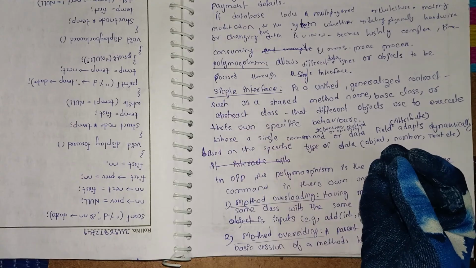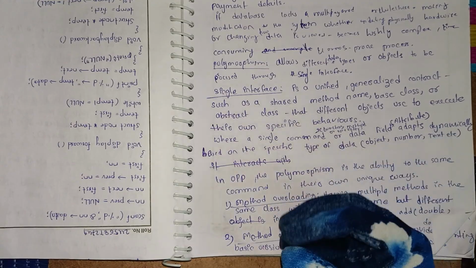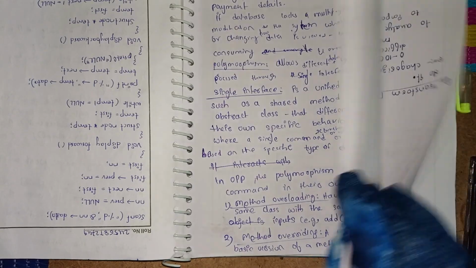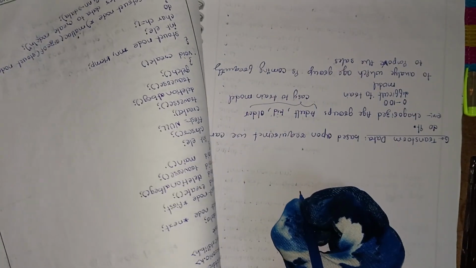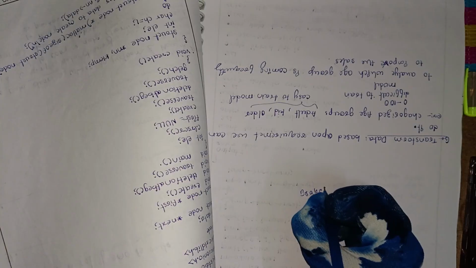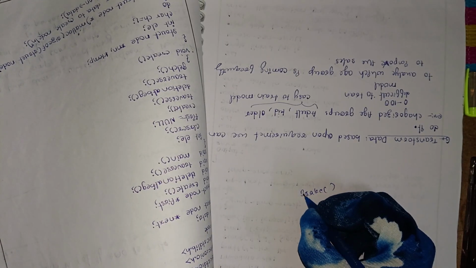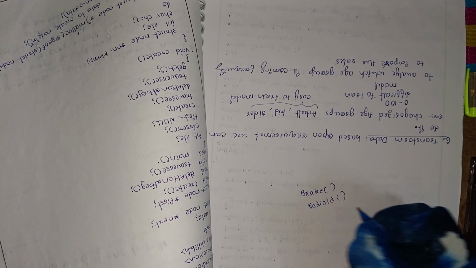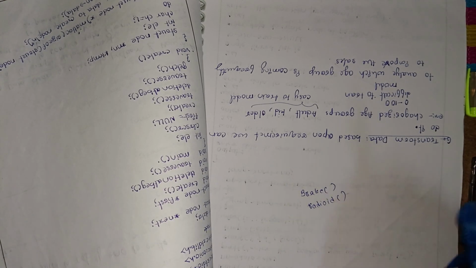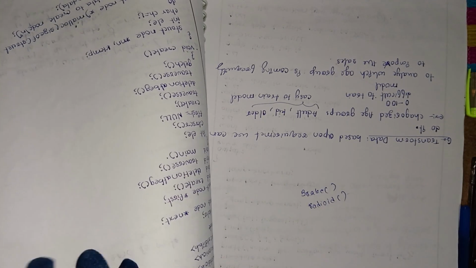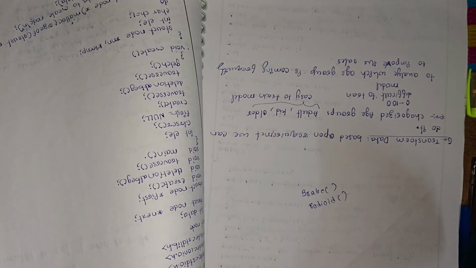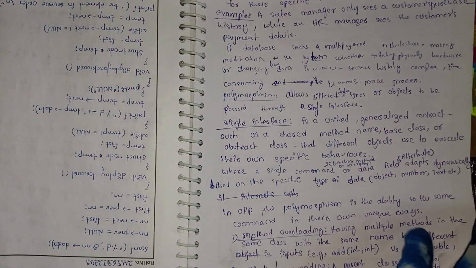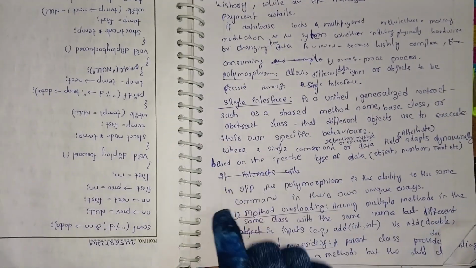If it is a car, then the function will be brake(). And if it is a radio, then radio id(). This will be the function. So according to the object, we decide the functions for it.